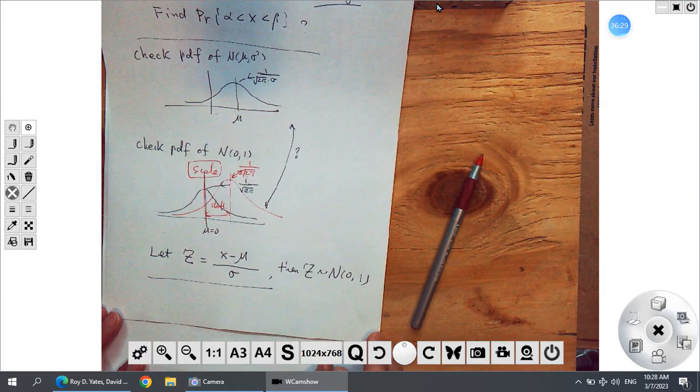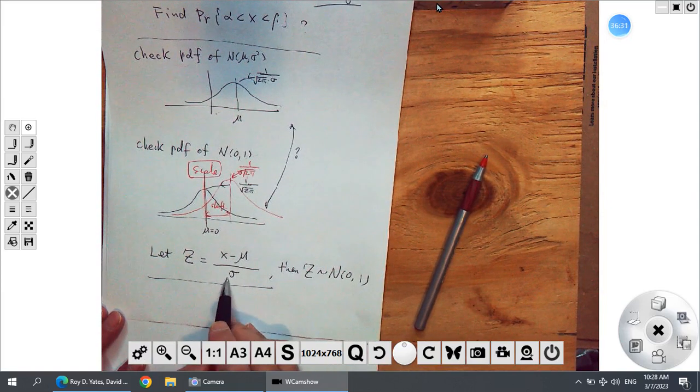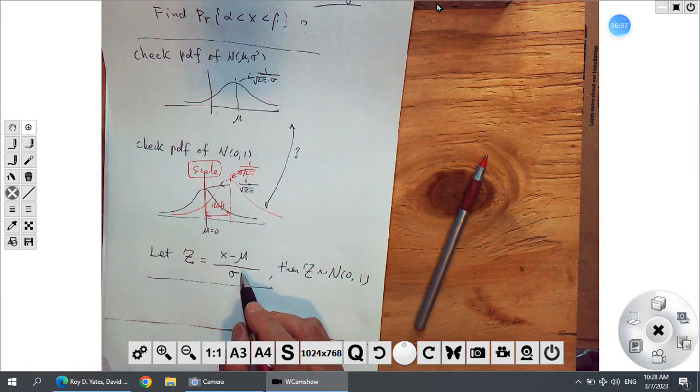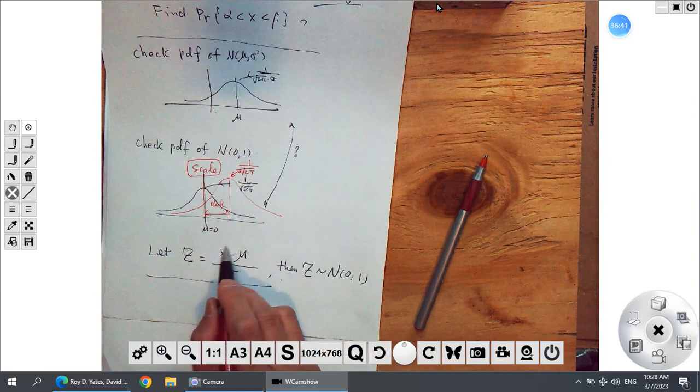Do a shift, do a scale. Remember, in other courses we discussed a signal, a function: you do a shift, you do a scale, and then you have something different.